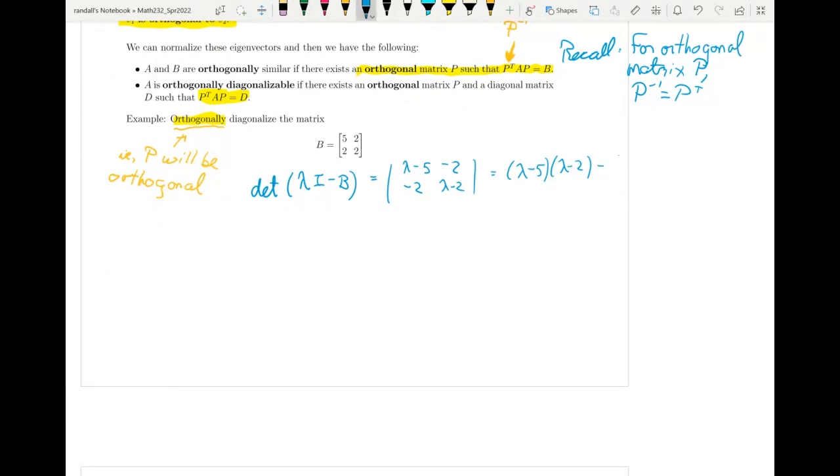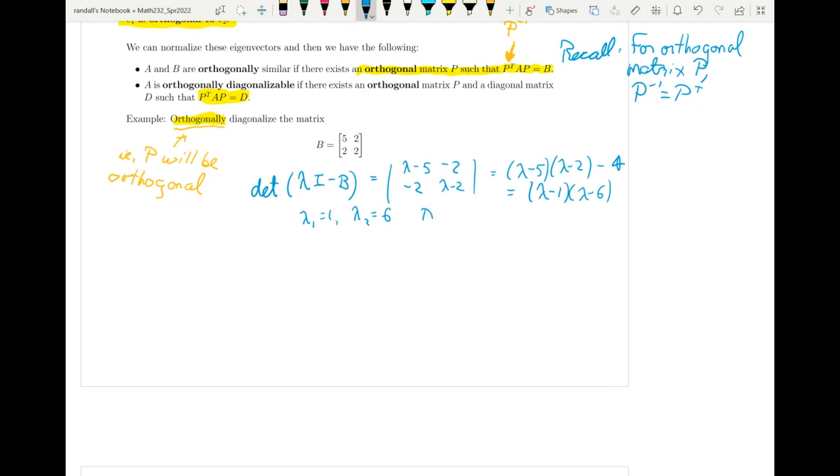If I simplify that, we get (lambda minus 1)(lambda minus 6). All right, so it's a quadratic that I can easily factor. I'll set that equal to zero. So let's call lambda 1 to be 1 and lambda 2 to be the eigenvalue 6.